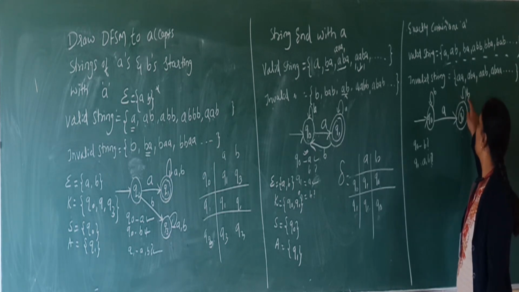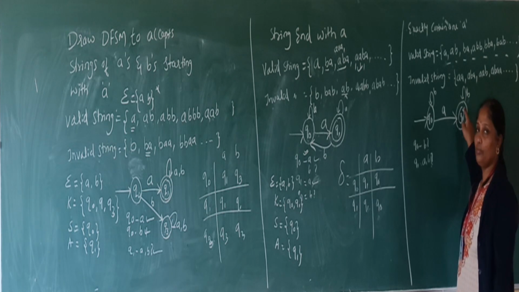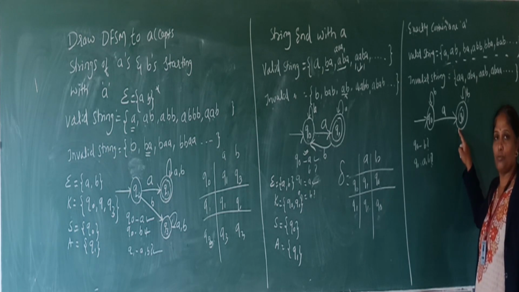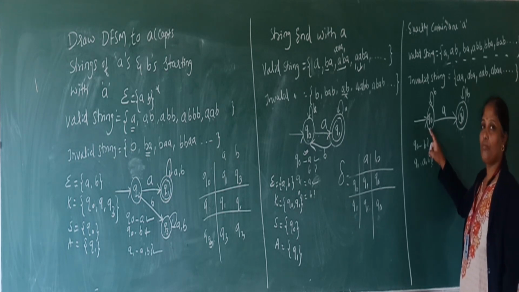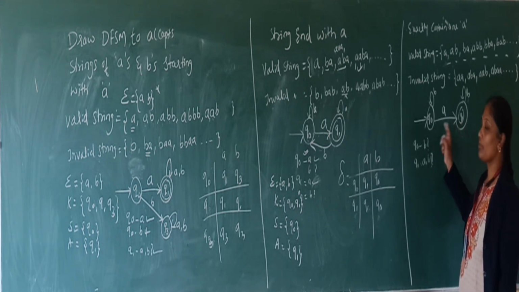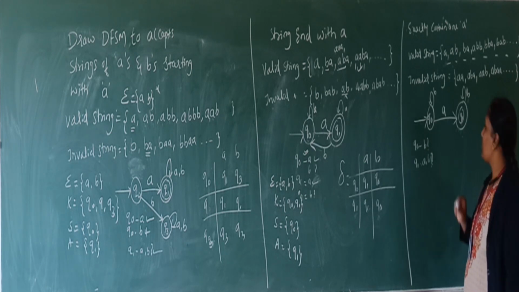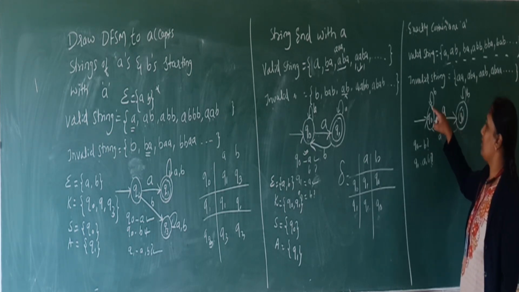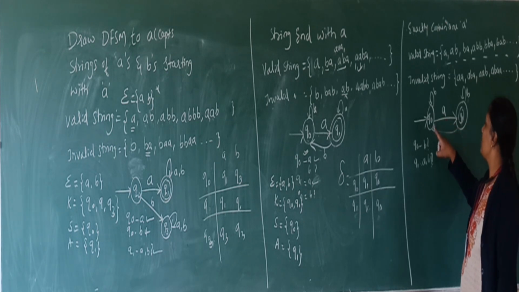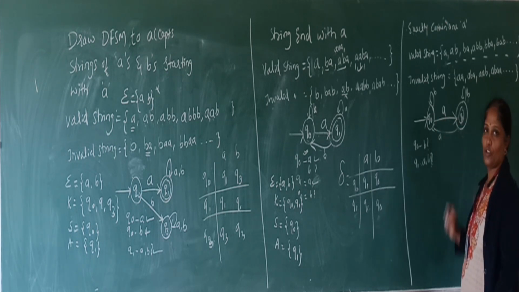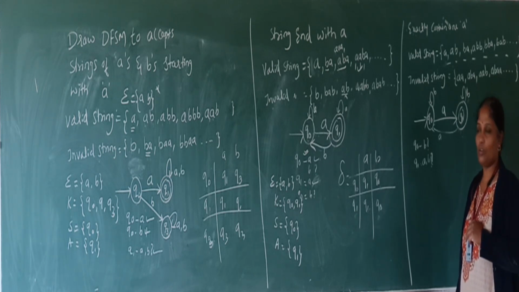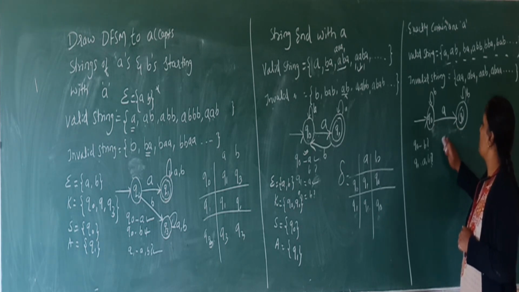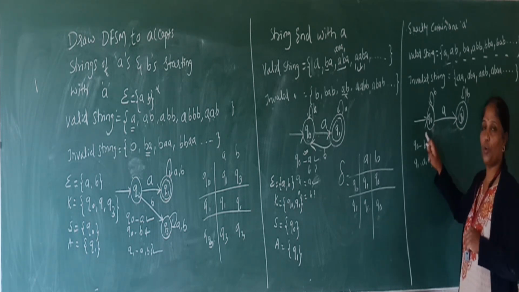So if after one A a B comes, that will be accepted and will stay in the final state. Next, see, I can't show the back transition to the Q0 state for A, because if I show it, it takes a string which has 3 A's, and 3 A's are not a valid string for the given language. So I can't show this transition from Q1 to Q0.